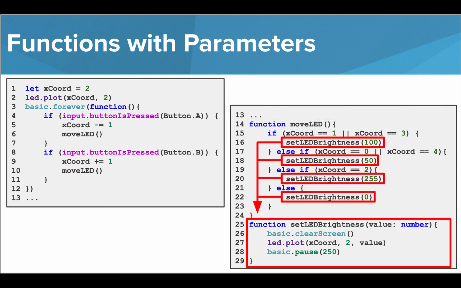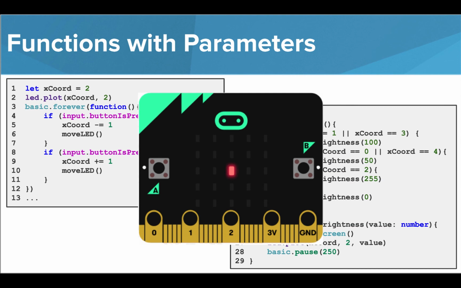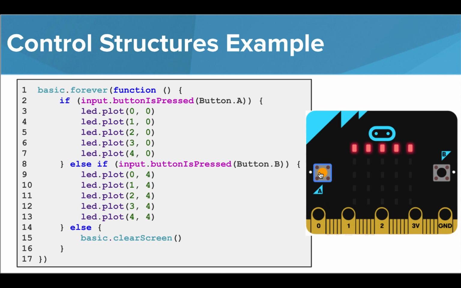The setLED brightness function takes one parameter that is used inside the function to control the brightness of the LED being lit. This function is being called with different parameter values from the moveLED function. We can call functions inside other functions. So when this program runs, the output is an LED that is moving based on button clicks and changing brightness depending on location.